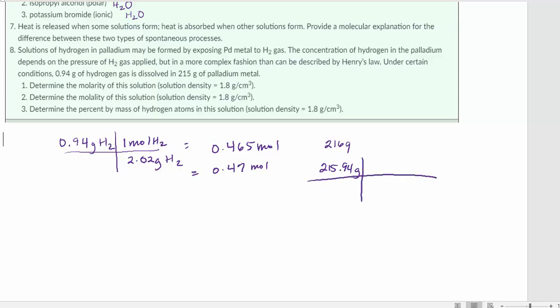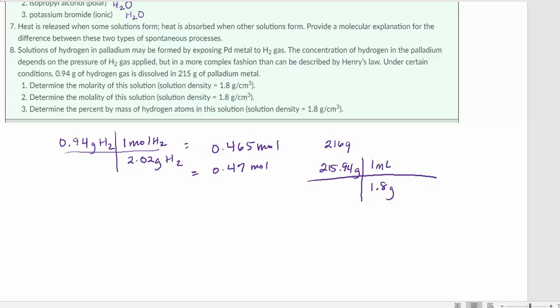So this is 215.94 grams of my solution. I'm going to divide that by my density, which is 1.8 grams per centimeter cubed. Now a centimeter cubed, that's what we use to describe the volume of a solid, but a centimeter cubed is also considered a milliliter. If we're going to describe the molarity, I'm going to need the volume in milliliters.